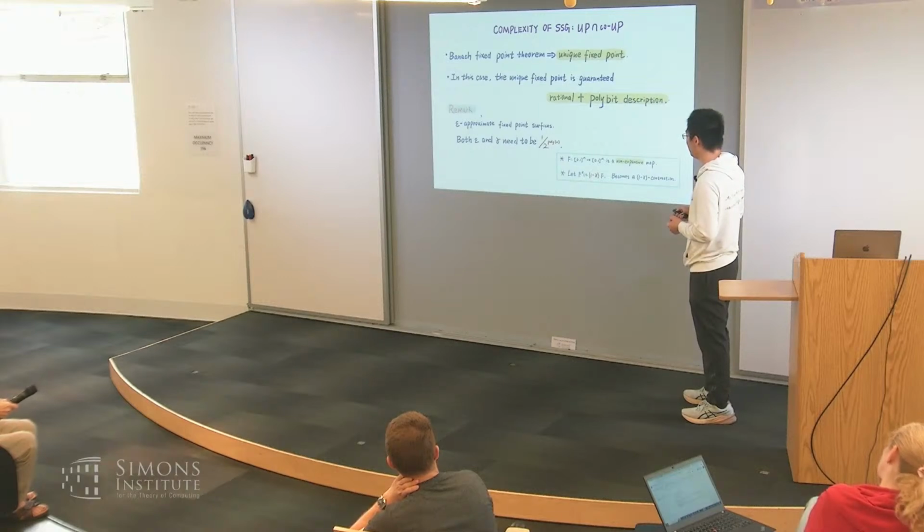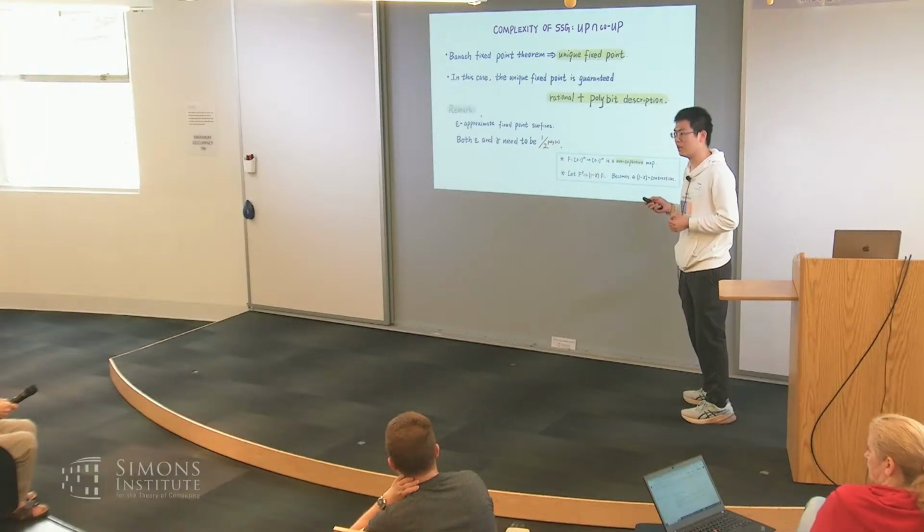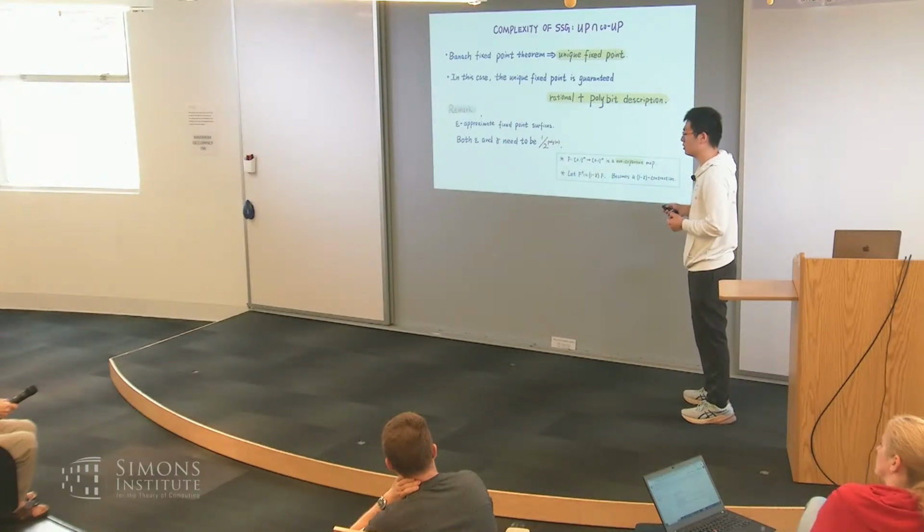Even if we can find not the exact fixed point but an epsilon approximate fixed point of this function, that can help us to solve simple stochastic game. But the epsilon parameter has to be very, very close to 0. Basically, yeah. Because of the polybit description. Yes, yes, yes.